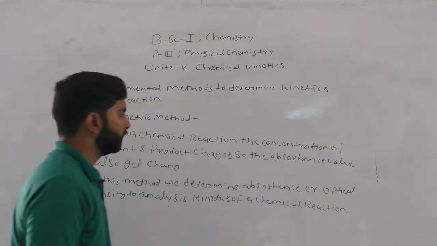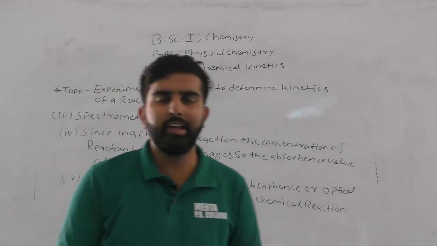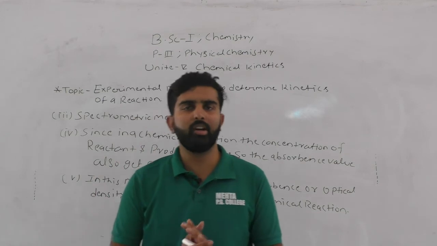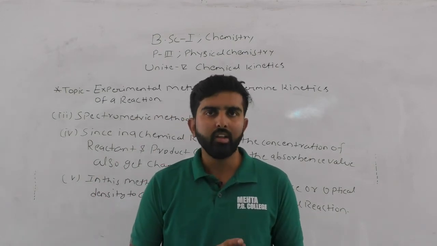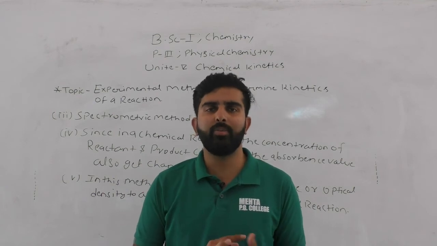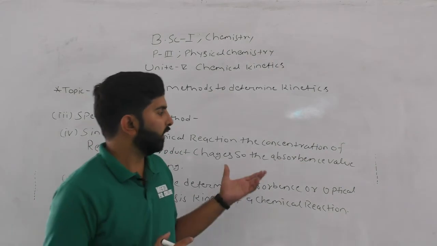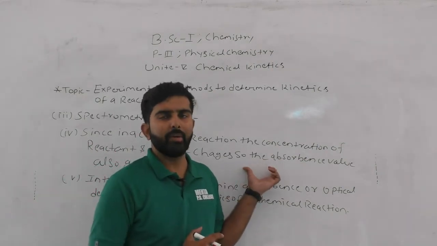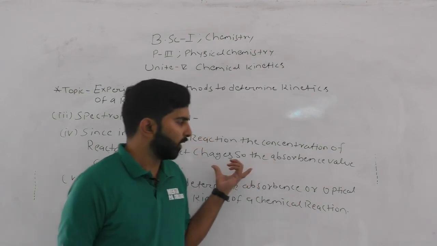So, this is the principle of this method: in a chemical reaction the old bonds get broken and the new bonds get formed. Since the absorption value of each component is a characteristic value, with the starting of the reaction the absorbance value also changes with the concentration of the products.